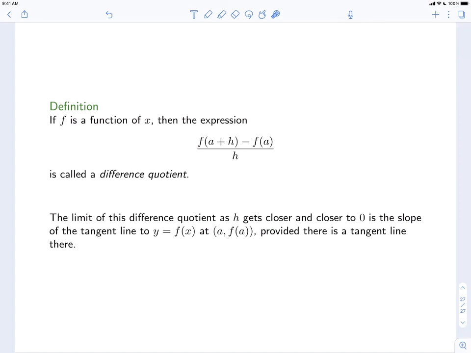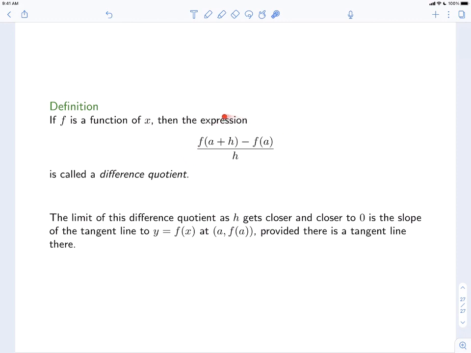In the case of the instantaneous speed or instantaneous velocity, it was the limit of average velocities. So this quantity that we're looking at has a name. It's called the difference quotient. Given a function f, which is a function of x, then the expression f at a plus h minus f at a divided by h is called the difference quotient.